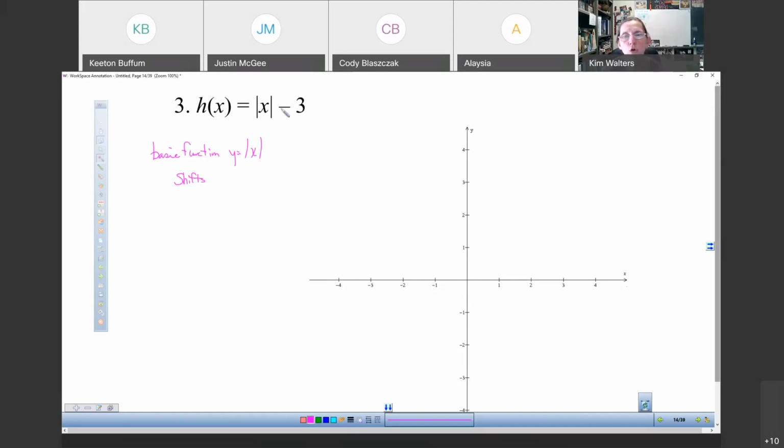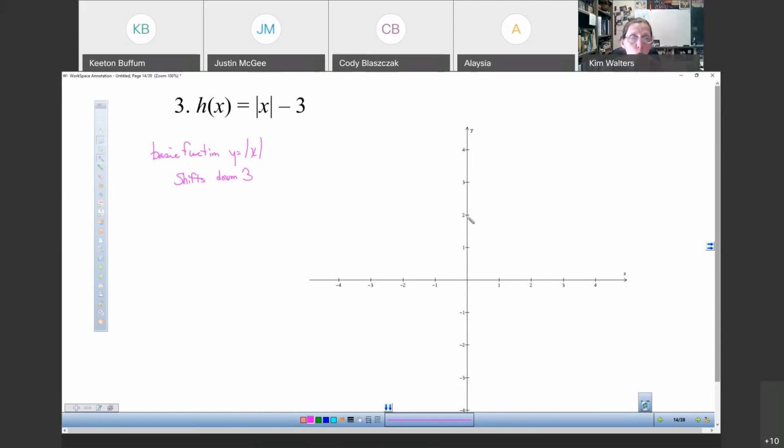Okay, so the -3, if I plugged 0 in here for x, so rather than my absolute value turning at 0, 0, then if I plug 0 in, it's going to be 0, -3. And that kind of helps me out. So it is going to shift down 3 units.